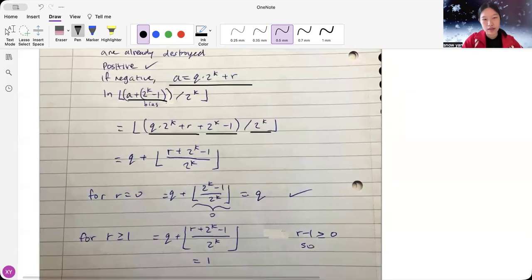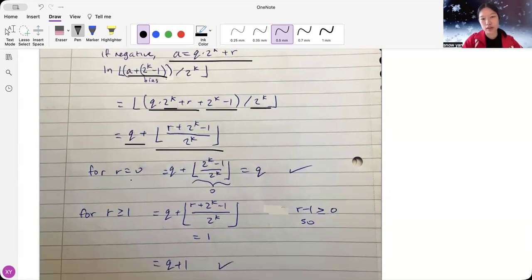We see that there's 2 to the K here and 2 to the K here, so we can extract that out. So we get Q, and then we get this chunk over here. For the case that R is equal to 0, so no remainder, this part just evaluates to 2 to the K minus 1 divided by 2 to the K, and the floor of that is equal to 0, so we get the quotient we need.